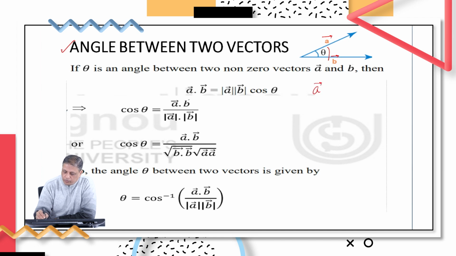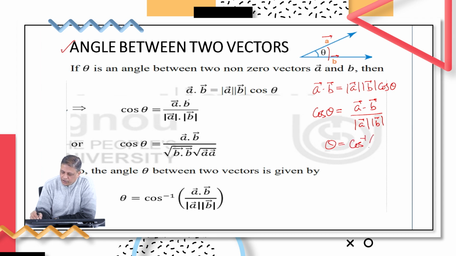We learned that the dot product of the two vectors is given by magnitude of A into magnitude of B into cos theta, and we can determine the angle by rearranging this equation: theta is equal to cos inverse of vector A dot vector B upon magnitude of vector A and magnitude of vector B.